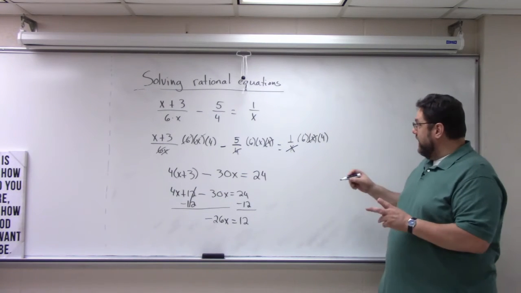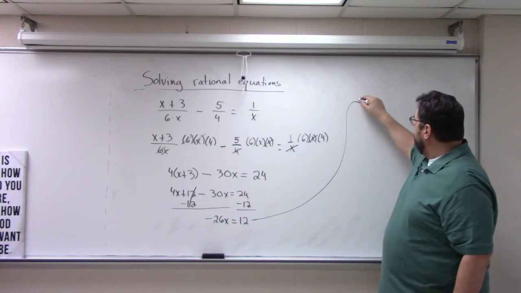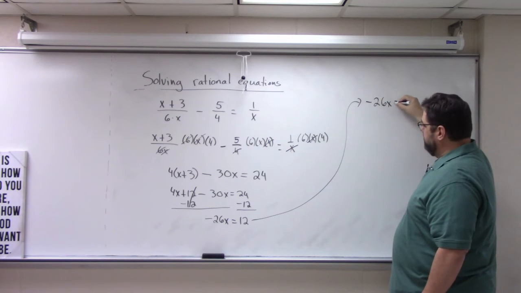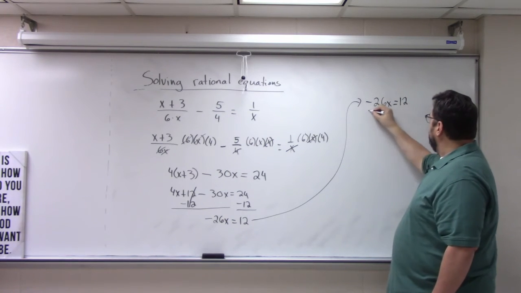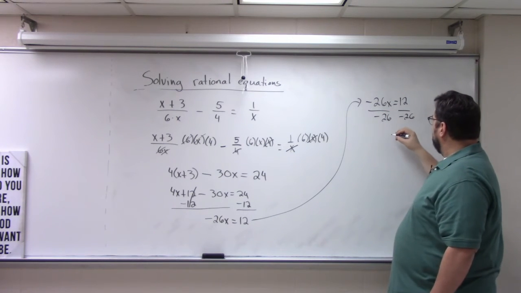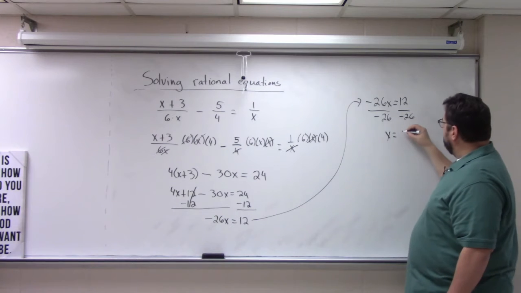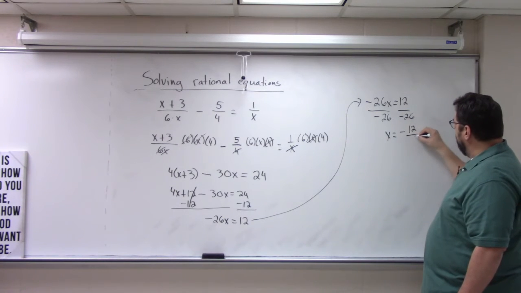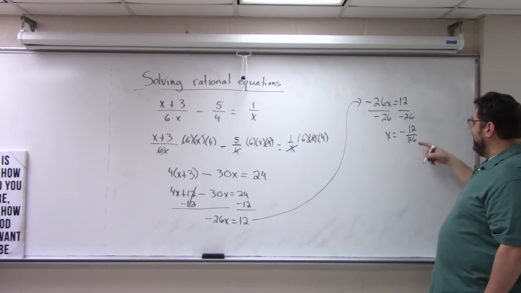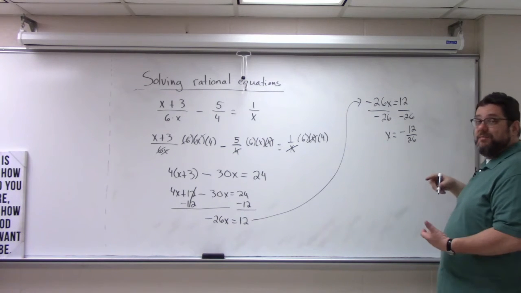I seem to be running out of space, so let's just move up here. I'm going to rewrite that line. Minus 26x equals 12. Divide by negative 26. And so x is negative 12 over 26. And then if I wanted to try to simplify that, I can divide the top and the bottom by 2.